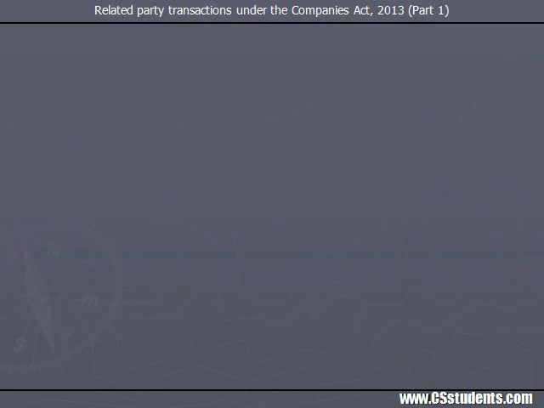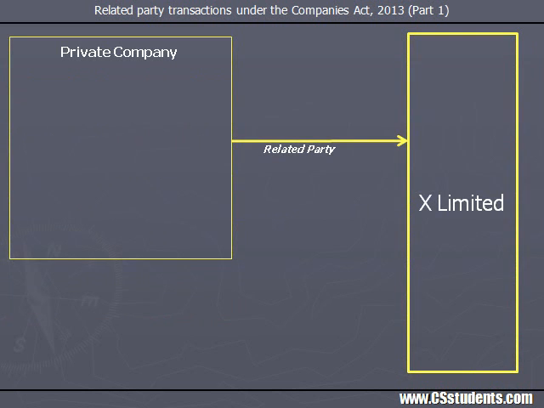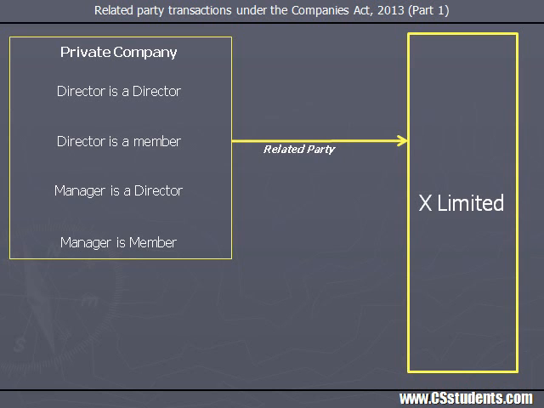The next, a private company in which a director is a director, or a director is a member, or manager is a director, or manager is a member, means even the holding of one equity share in a private company by the director or manager would make that private company a related party.